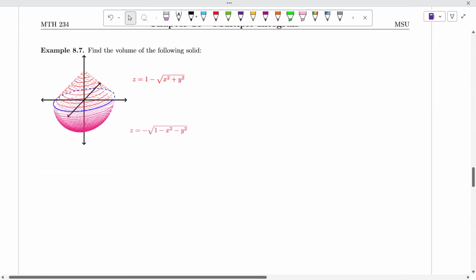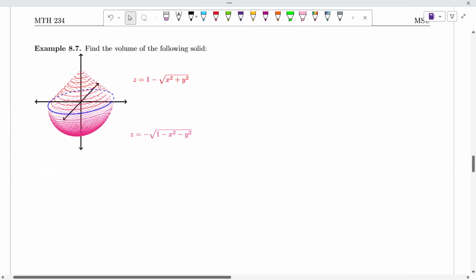So we've got this solid region over here to the left. And what is it that I want to do? I want to find its volume. So if I want to find the volume of some shape, and we're going to do it the calculus way, that's going to mean taking the triple integral of dV.